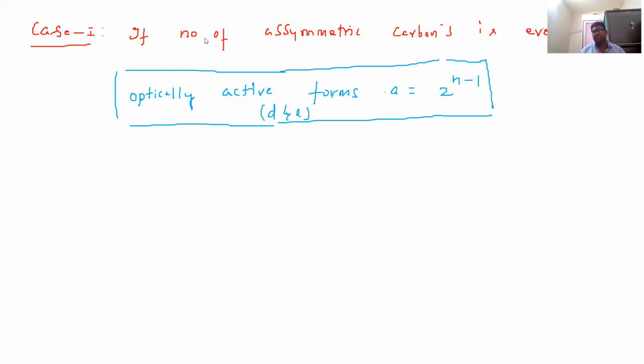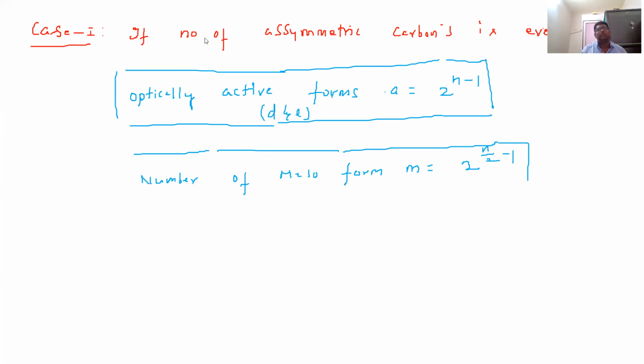Keep this point in mind. And next, the number of meso forms. What is the formula for the number of meso forms? M is equal to 2 power n by 2 minus 1. This is the calculation of the number of meso forms. What is the formula? 2 power n by 2 minus 1.